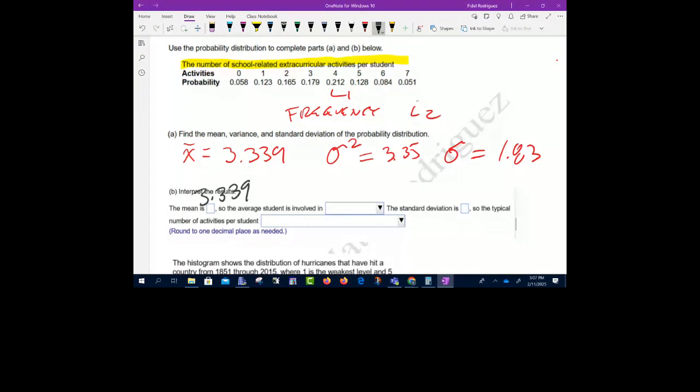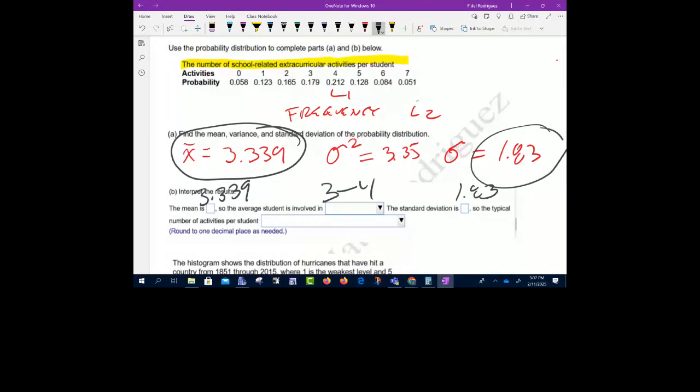So that means that the average student is involved, y'all, if it's 3 point something, that means that they're involved between 3 and 4. Right? Because you can't be involved in point something of an extracurricular activity. Standard deviation, y'all, is 1.83. Okay.